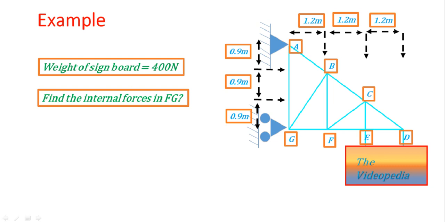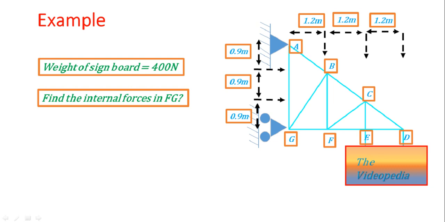So now you know how this truss is going to behave. Now you know the input conditions and our main aim in the end: we want to find the internal force in FG. So now we'll use the method of sections to find our internal force in FG.